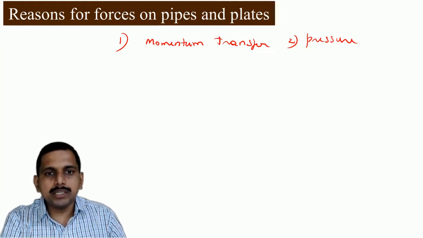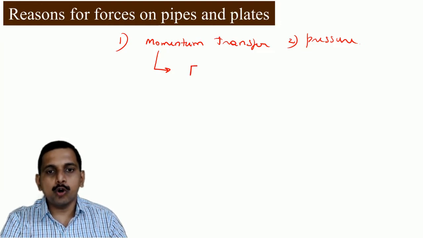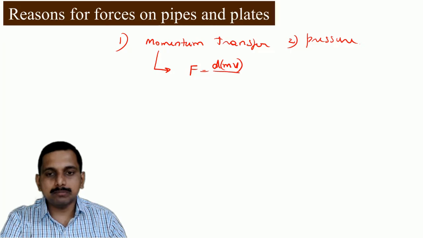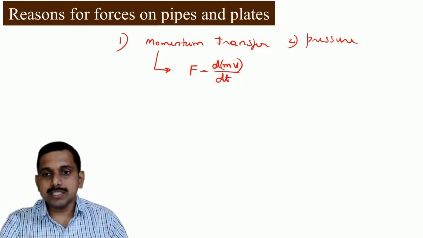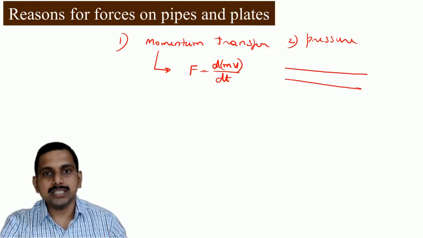Now when you say momentum transfer, what is the basis here? The basis here is force is equal to rate of change of momentum. But in pipe flow, what is coming in and going out, the momentum flux, is important.